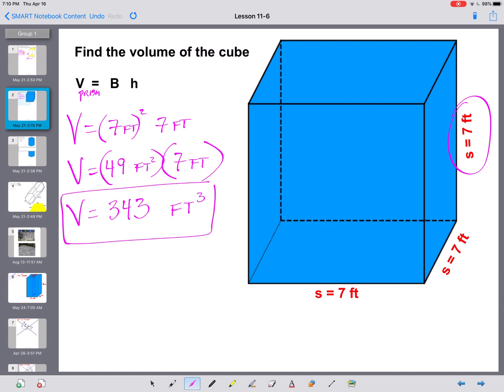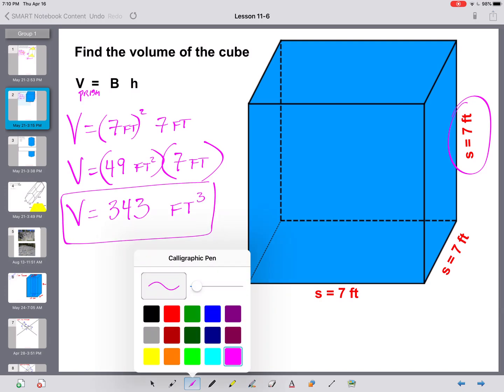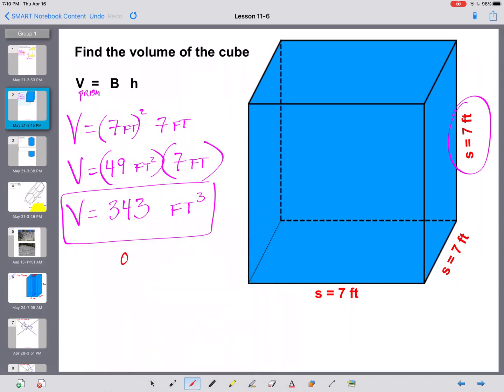Yeah, it's volume. Now, I want to show you another way. Volume of a cube: take the side length, 7 feet, and cube it.